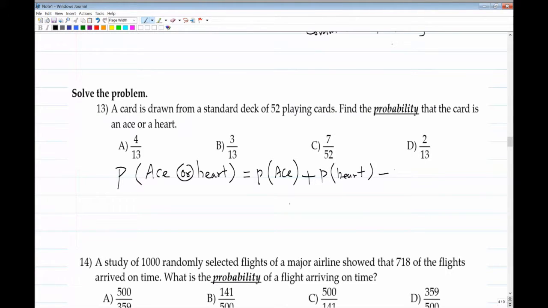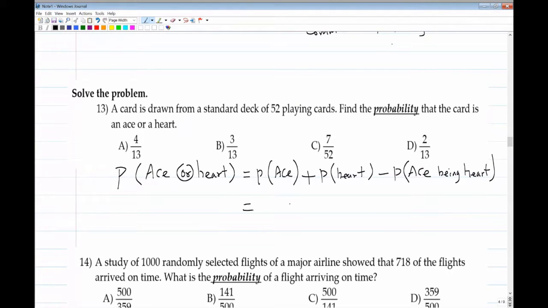Then we're going to subtract the probability of any ace that is a heart. So ace and heart, and that's what the and goes right here.